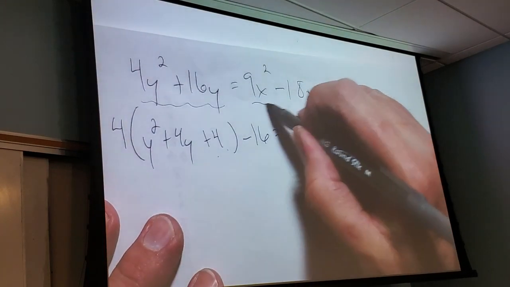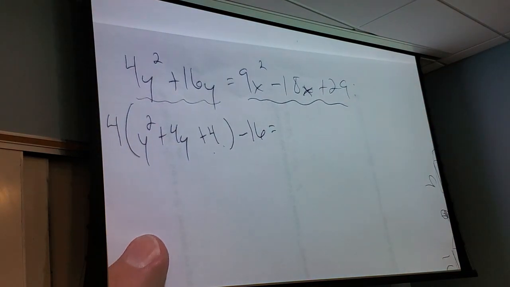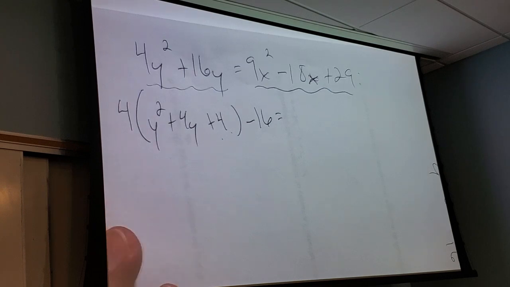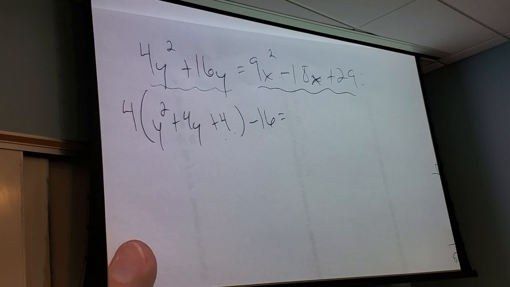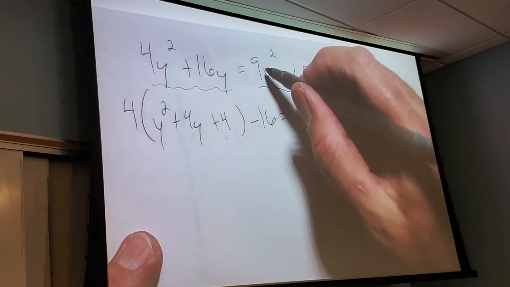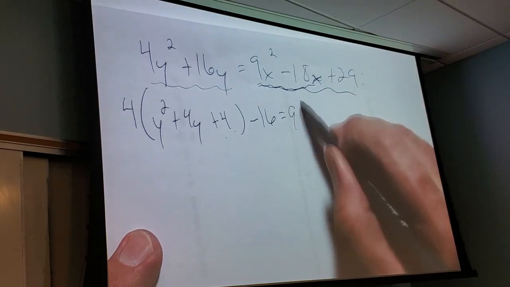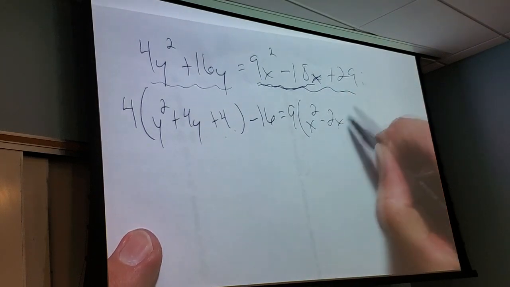So what do I have to do over here first? My x squared, does it have the right number in front of it? No. What's supposed to be there? A 1. So what do I take out? 9. Leave some room.